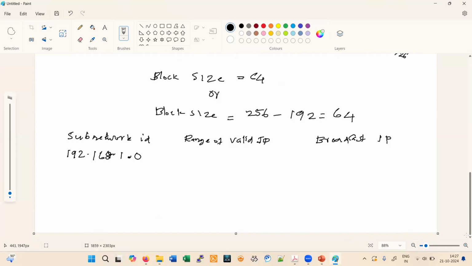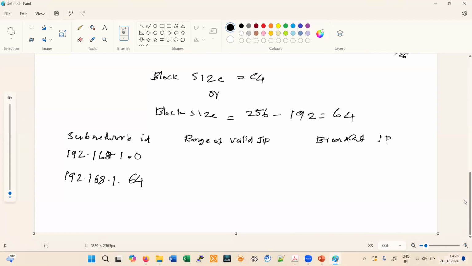Now to find the network ID of the second network, we need to add the block size to this ID. So our block size is 64, right? So add 64 here in the last octet.